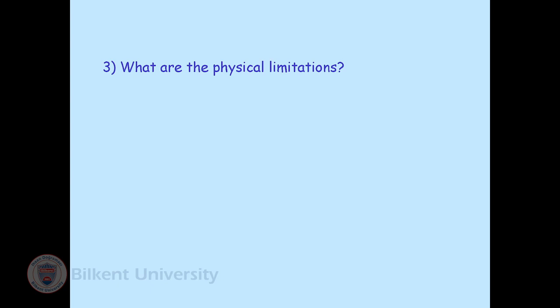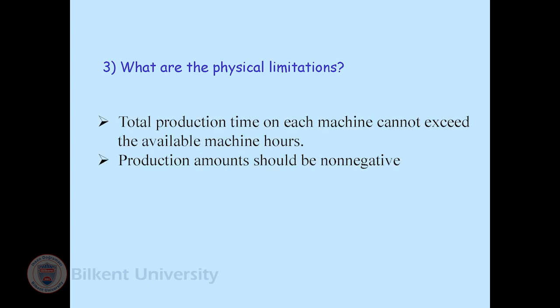Okay, physical limitations. Total production time on each machine. That's the thing I'm supposed to obey. I cannot make the machines work more than the allowable time. So I have to write mathematical representations for those machine hours.